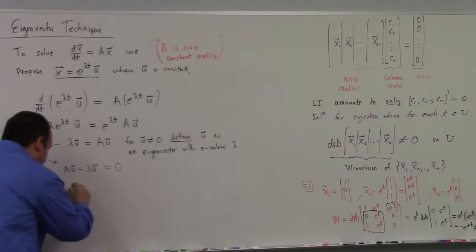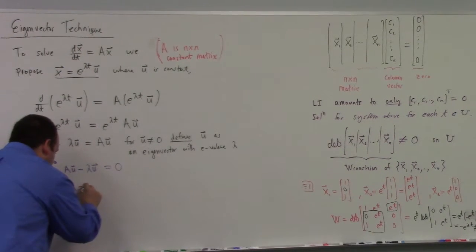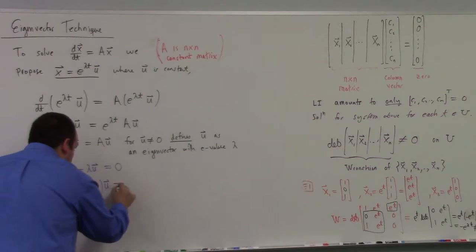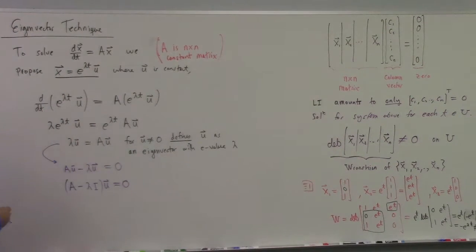So I can rewrite that as (A minus lambda times the identity matrix) times u equals 0. Here's the thing about that equation. That's a homogeneous equation. There's always a solution to this, which is just u equals 0, right? But we're insisting that there be a second solution, the eigenvector solution.